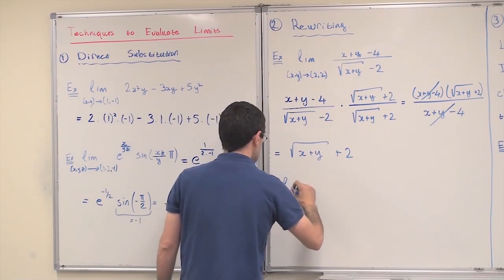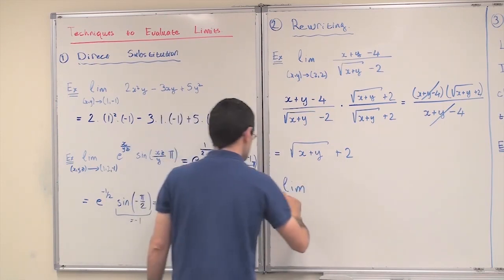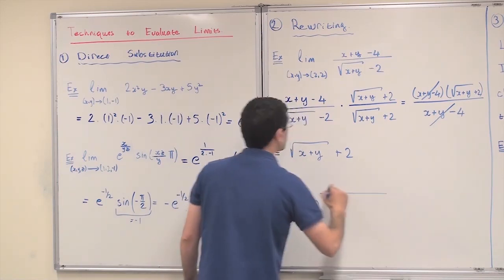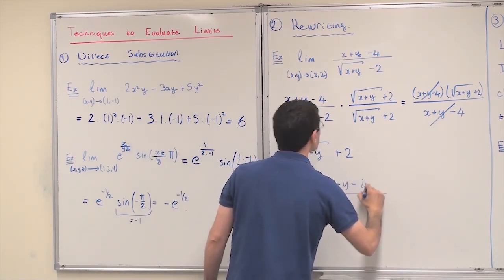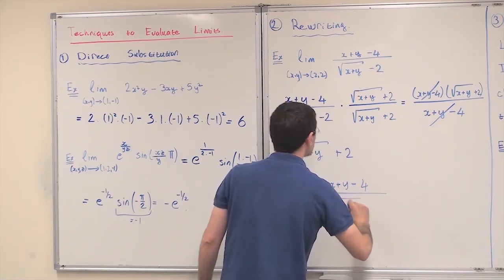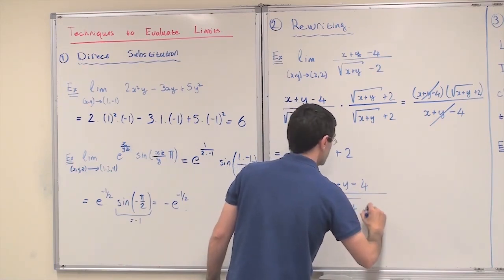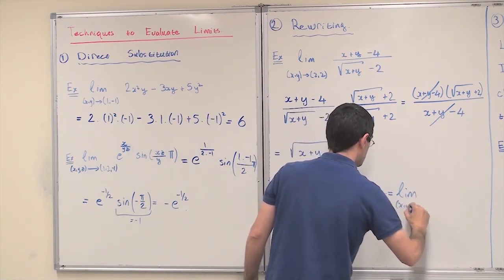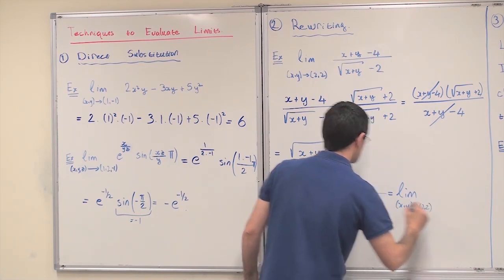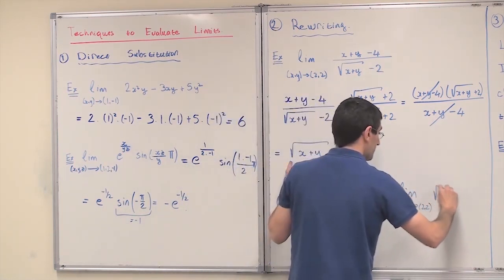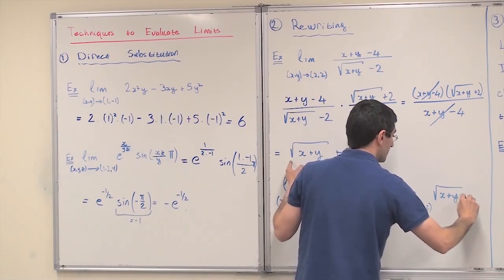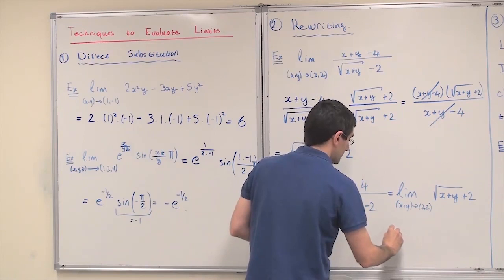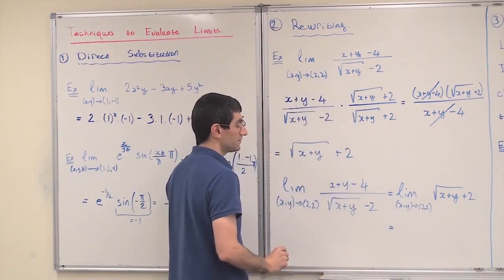So the limit given in the question is equal to the limit of this function, square root of x plus y plus 2, and by direct substitution I can find this limit.